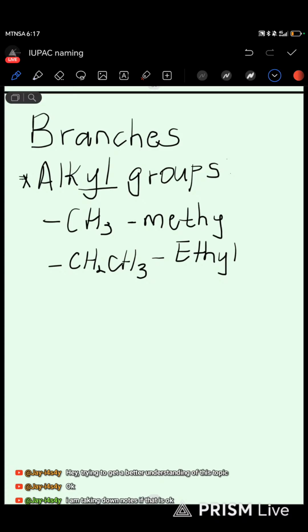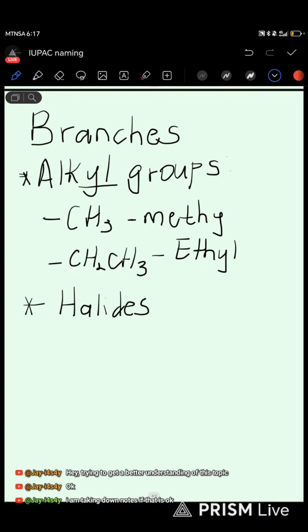Branches can also be halides. For example, fluorine, which will be named fluoro.